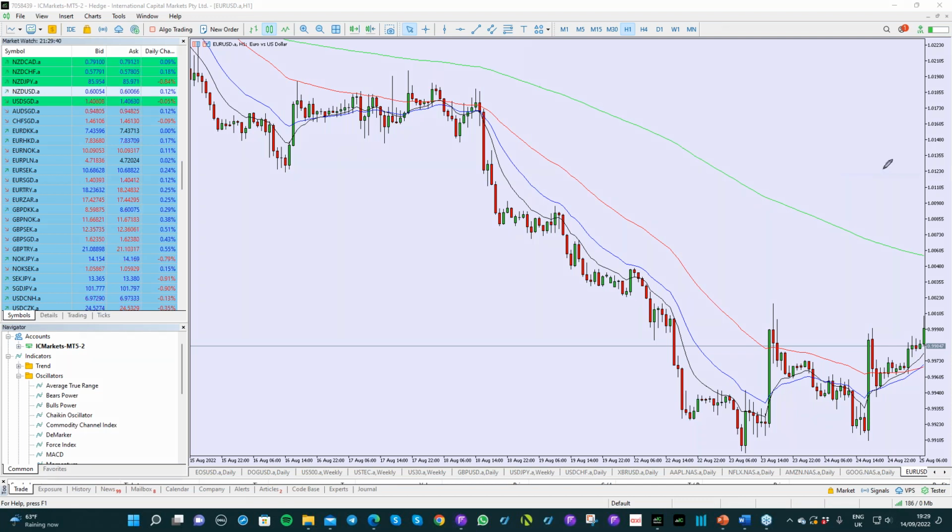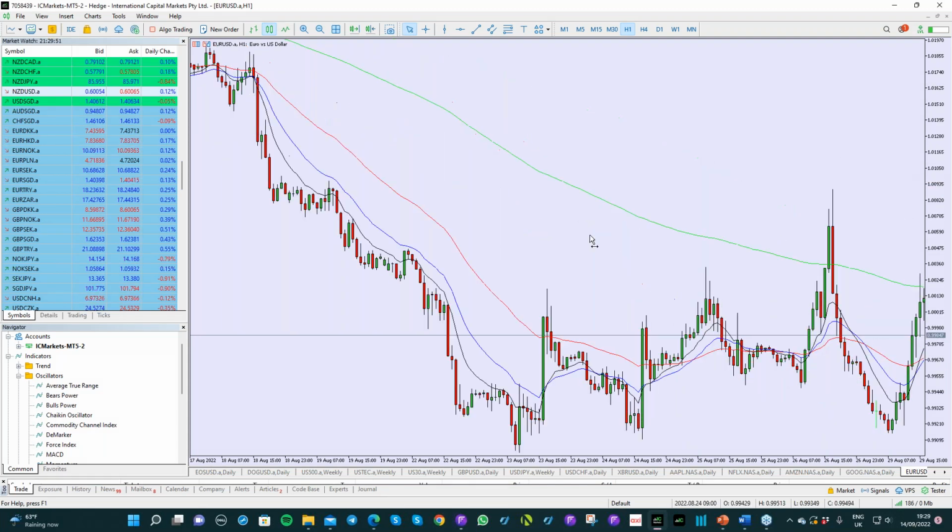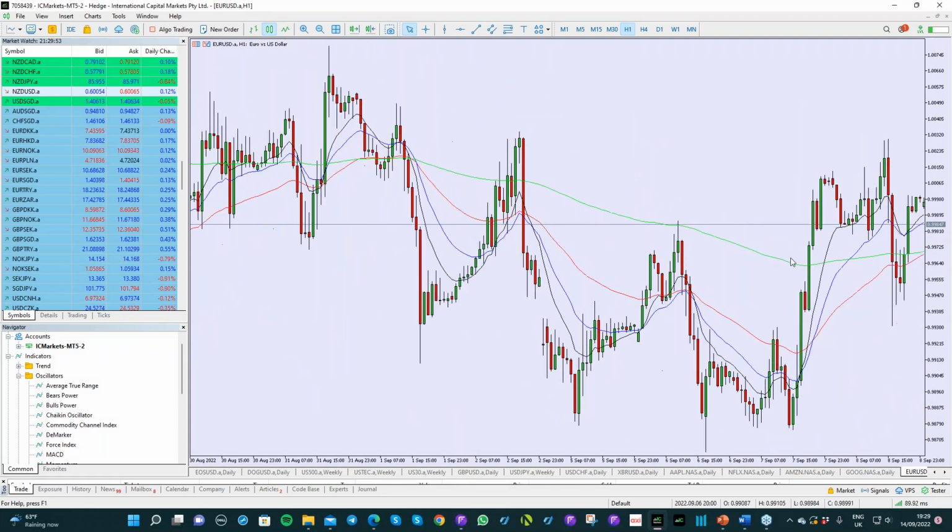Now, some other candlestick patterns that I like trading: engulfing candlesticks. Let's see if I can find an engulfing candlestick.